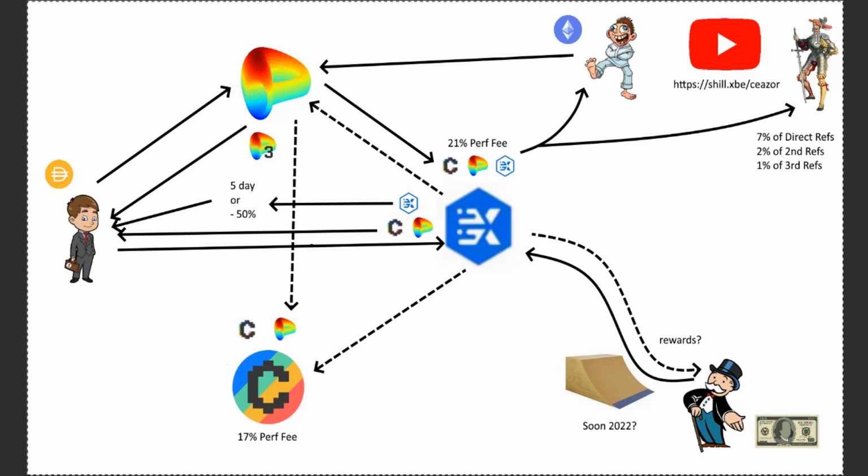So CEAZOR will get 7% from Boosted Bill because Boosted Bill clicked on CEAZOR's video. Now, let's say Boosted Bill tells somebody else, and that other person clicks on Boosted Bill's affiliate link, then CEAZOR will get 2% of that other person. And then 1% from the person 3 steps away from him.